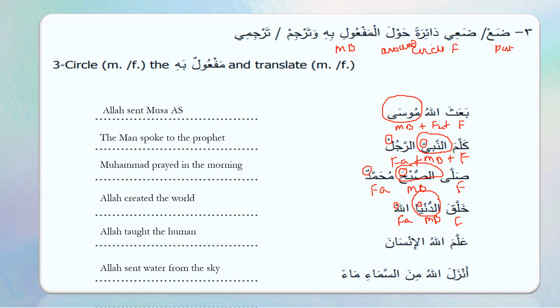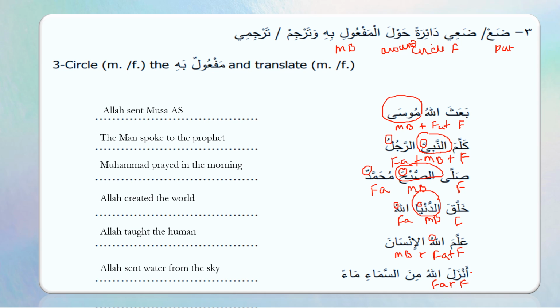Allama means to teach. He taught. Fi'l plus fa'il. Allahu, who taught insan, the human. Allama Allahu al-insana. So this is our perfect jumla. Fi'l, fa'il, and maf'ulun bihi. Then comes anzala. Anzala is a fi'l and it means to send. So who sent? Allah subhanahu wa ta'ala sent. Allah sent minas samai.